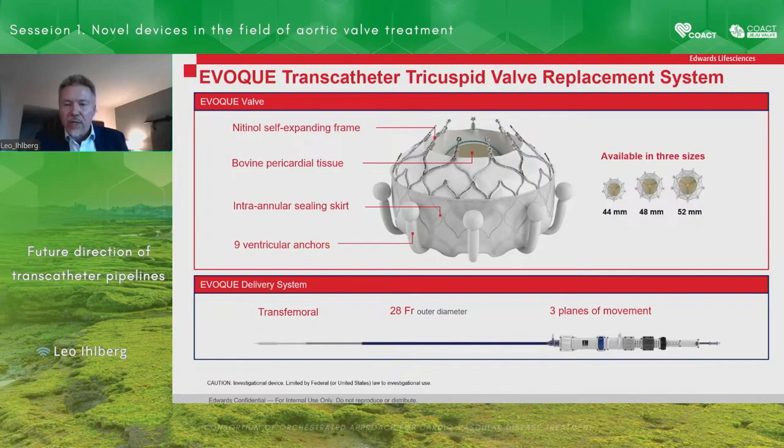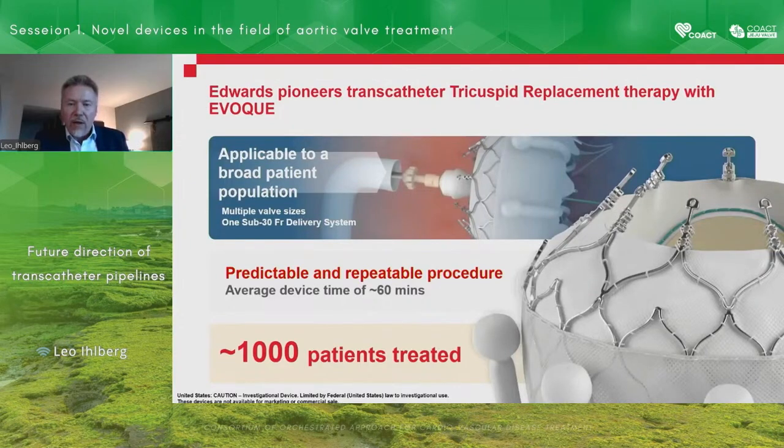We have 3 sizes available, 44, 48, and 50. It's a sub-30 French delivery system. We currently have more than 1,000 patients treated with it, showing a predictable and repeatable procedure with an average procedure time under 60 minutes. We have shown this to be applicable to a broad patient population.